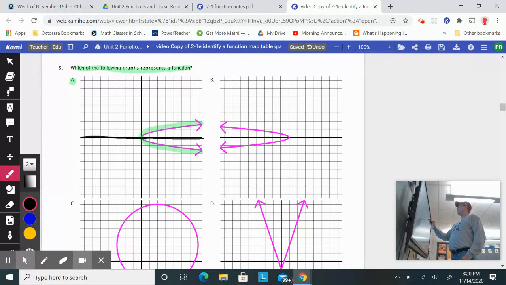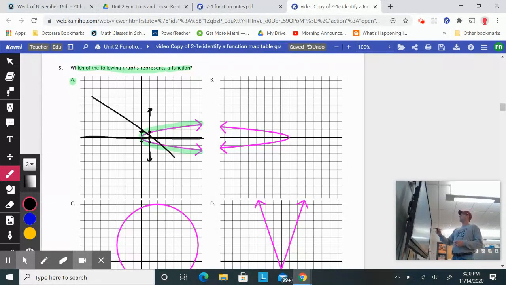If I go to X is 1 right here, there is a point above it that has an output, which would be the Y value right here, almost a +1 or 3/4 there. And then there also is a Y value that's a negative. That would not be a function because one input can't have 2 outputs. It would fail what's called the vertical line test, which the one video talked about. So that's definitely not a function.